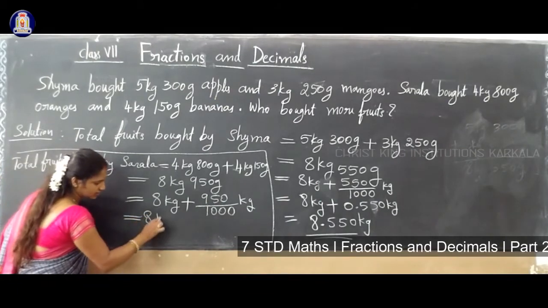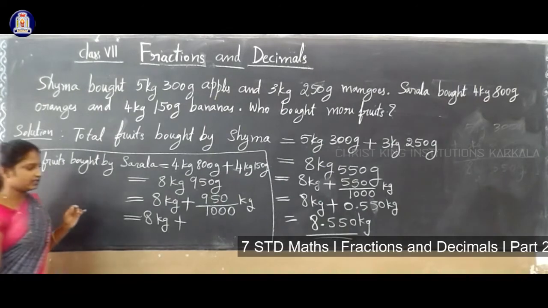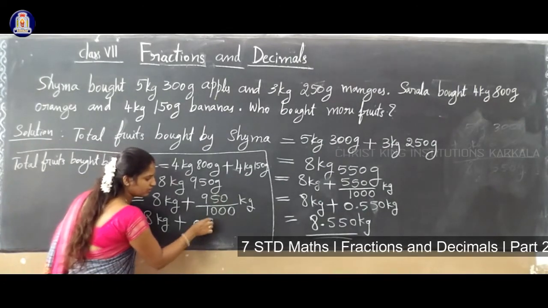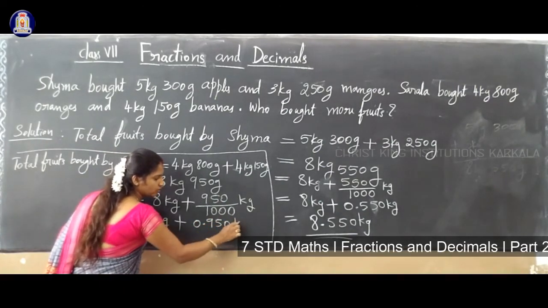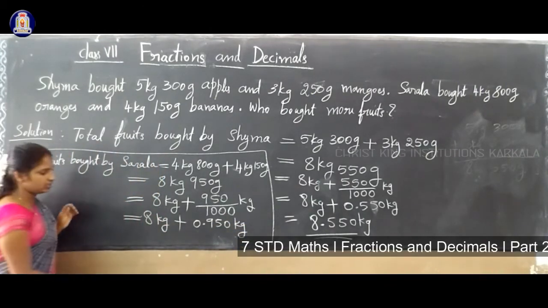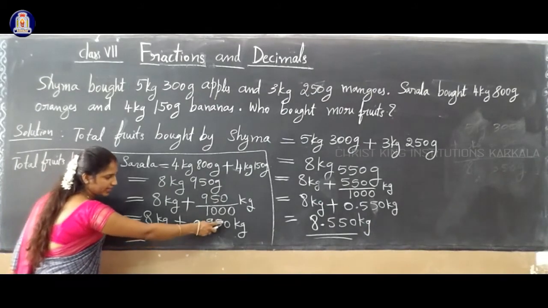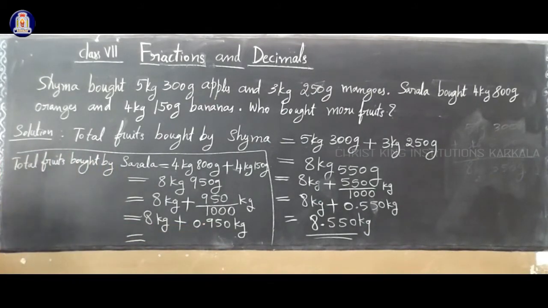So now 8 kg plus 950 by 1000 is 0.950 kg. So if you add this, we get 8 kg plus 0.950 kg. How to add?